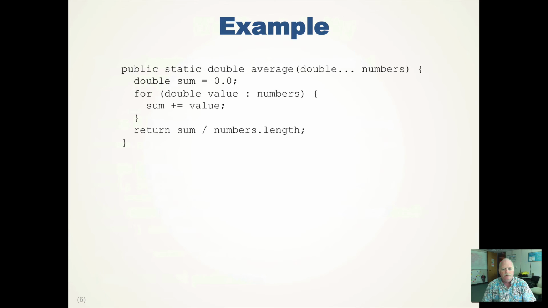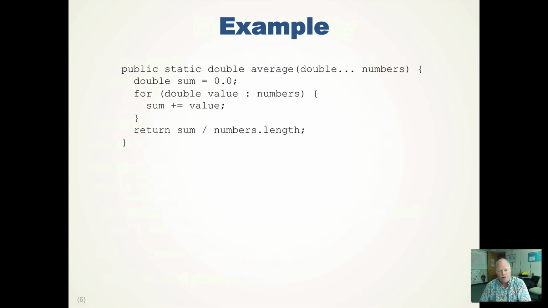Here's an example. We already talked about the declaration. So this is going to calculate the average of some number of doubles. You create a local variable sum, assign it to 0. We use our for each, so we're going to take the double value, which is going to have each of the values in the array numbers.